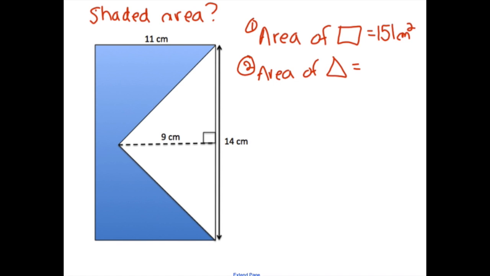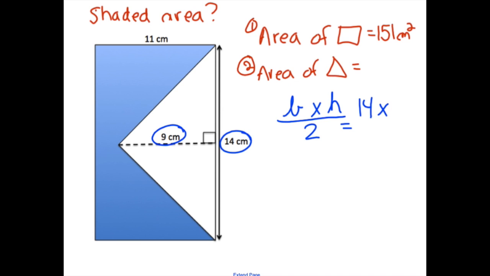So I first have to identify my base, and I have to identify my height, because our formula is base times height divided by 2. So my base is 14 centimeters. My height is 9 centimeters. And then I have to divide that all by 2.